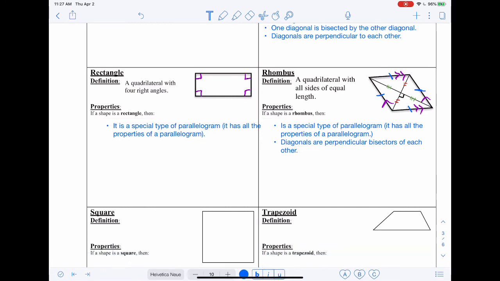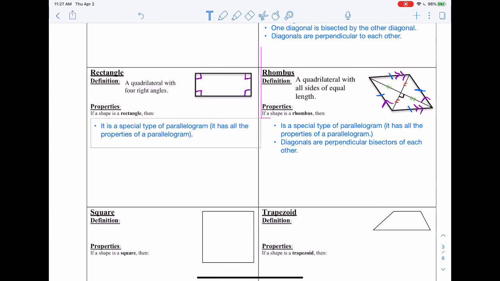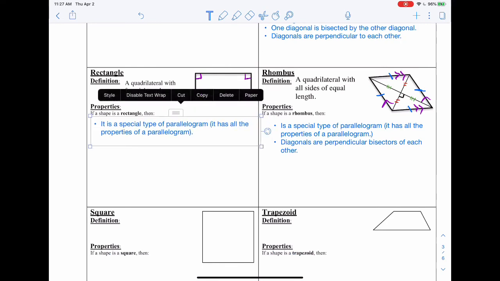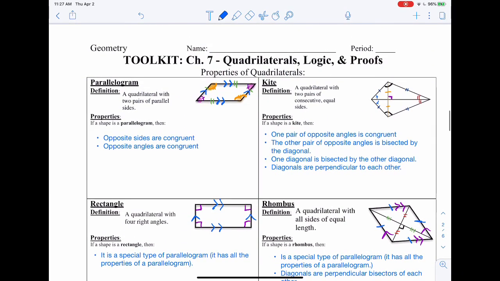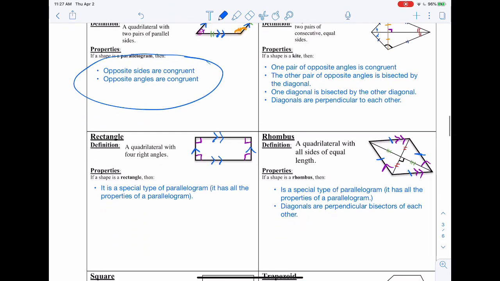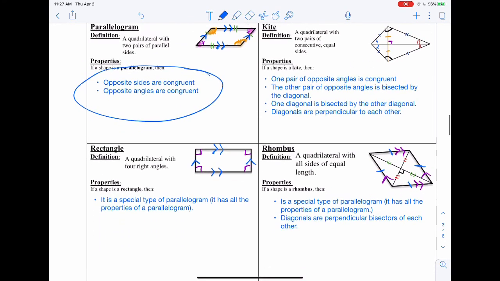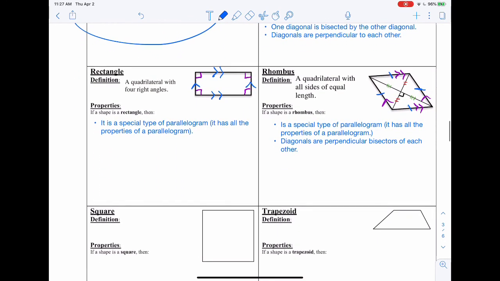So if a shape is a rectangle, it is also a special type of parallelogram. Meaning it has all of these properties here and the other ones that we haven't added to a parallelogram yet as well. Those are also true for a rectangle because it is a parallelogram.